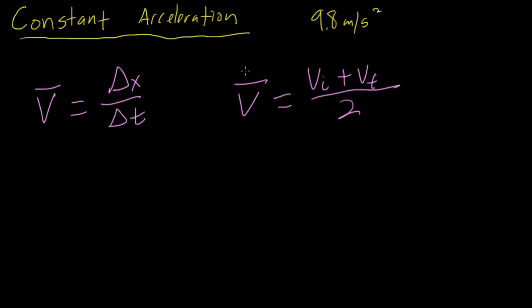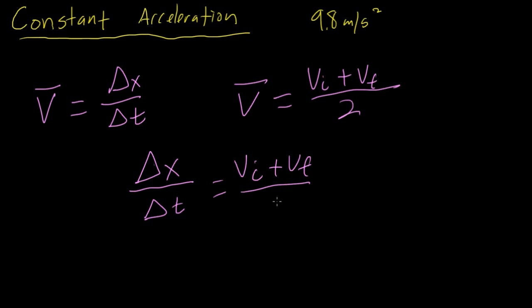Well, let's see what happens when we set those two things equal to each other. So they're both average velocity. So we can say the change in displacement over the change in time equals VI plus VF divided by 2.